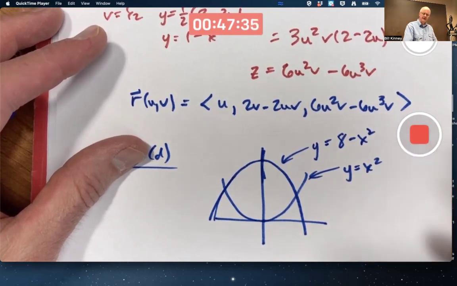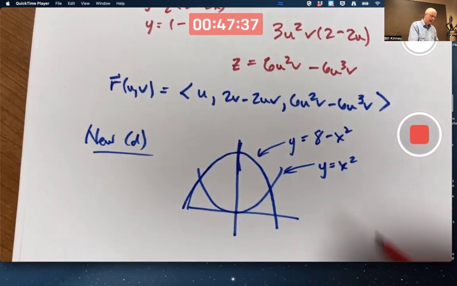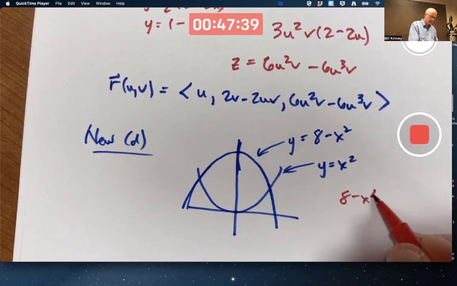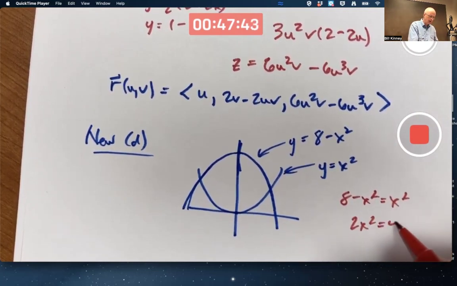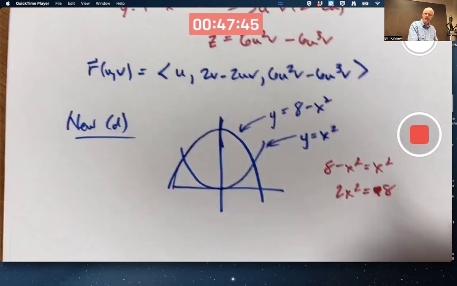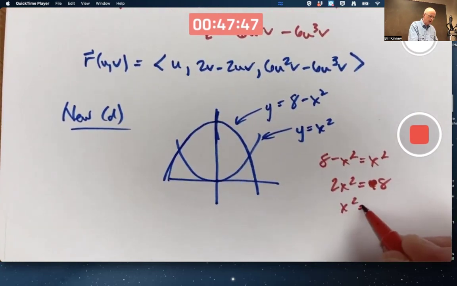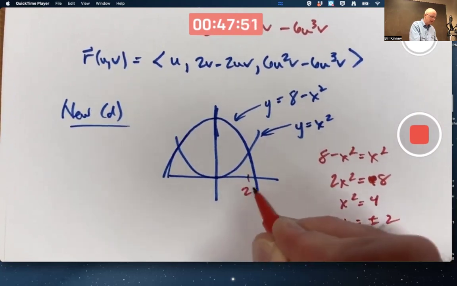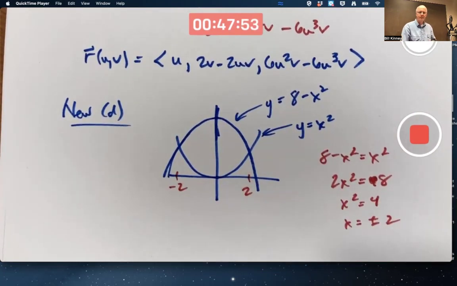Where are those going to intersect? 8 minus x squared equals x squared means 2x squared equals 8, excuse me. So x squared is 4, x is plus or minus 2. So they intersect at 2 and negative 2.